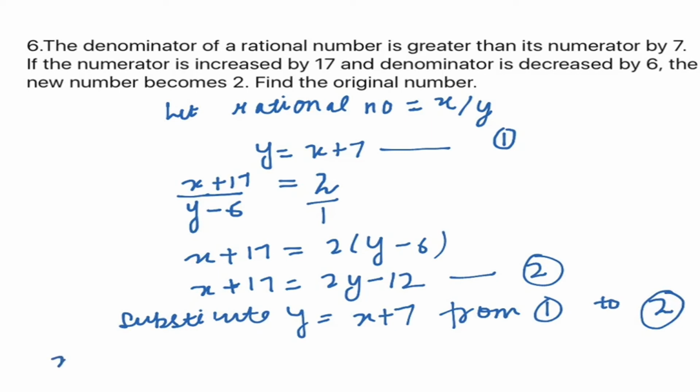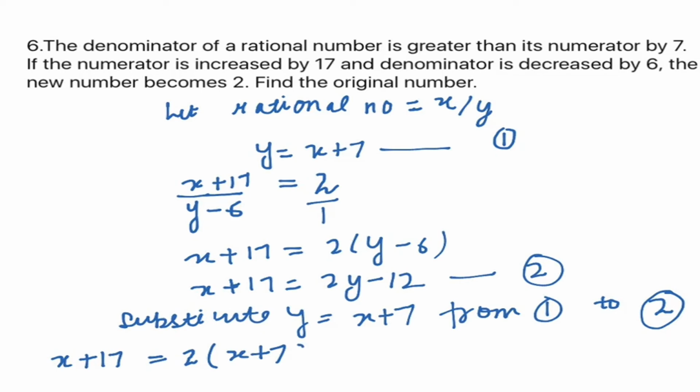So the equation will be x plus 17, as this is the linear equation in one variable. So if we have two variables, we want two equations. So that's why we are substituting the values. x plus 17 is equal to 2 times x plus 7 minus 12, because we have to change the equation in one variable, only then we can find out the values.